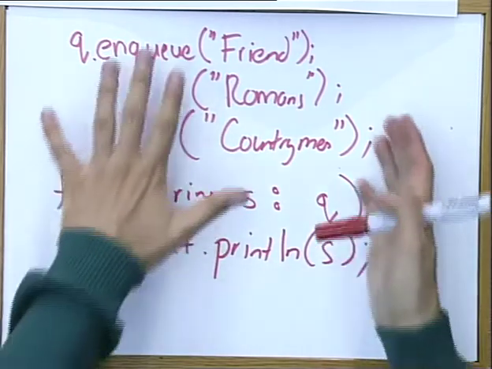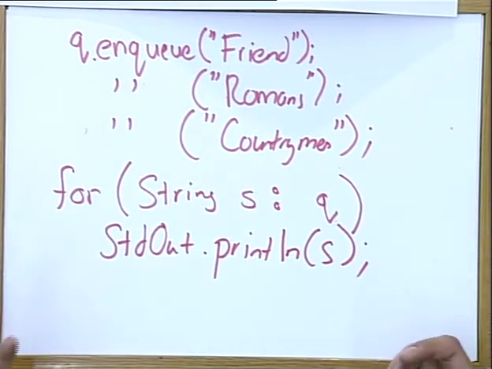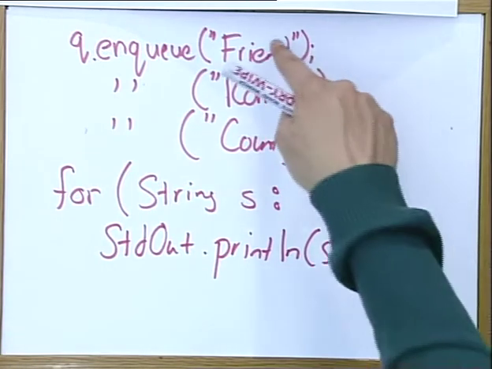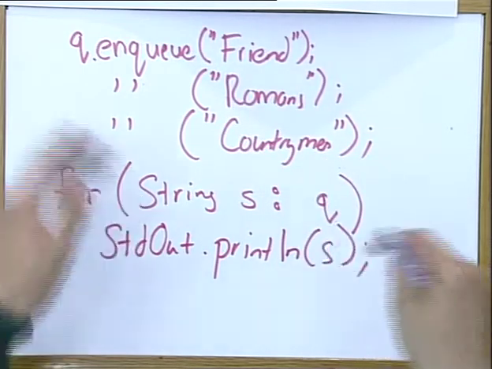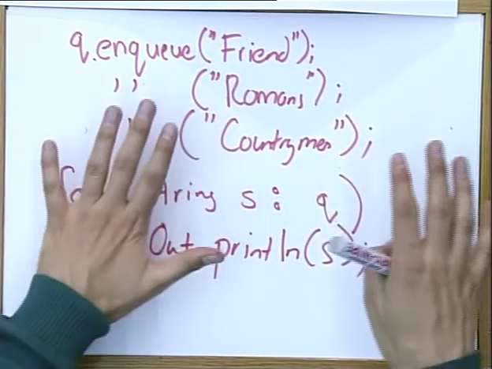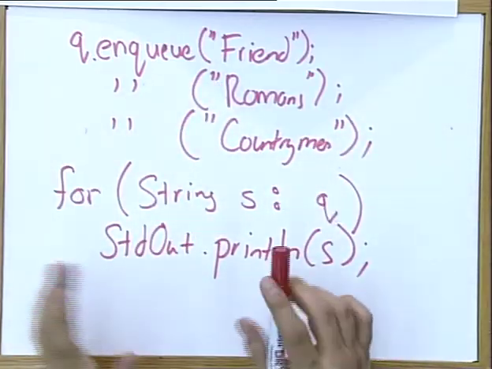And if this code is correct, which I hope is the case, I've just made it up now, then it should print friends, Romans, countrymen. Not lend me your ears, just those three. So this is how we would use iterators, and that actually concludes the topic of iterators at this point.